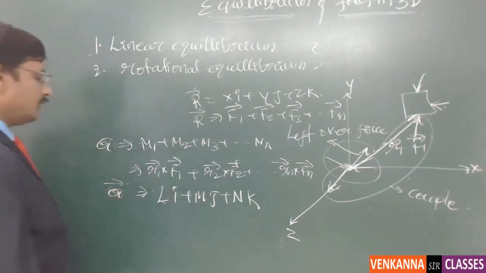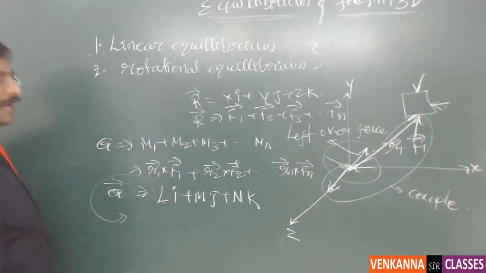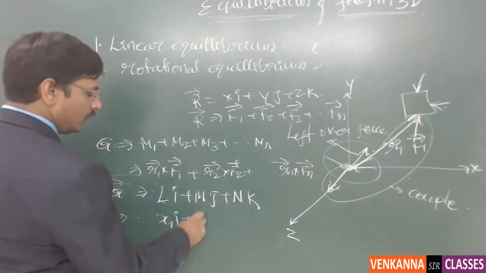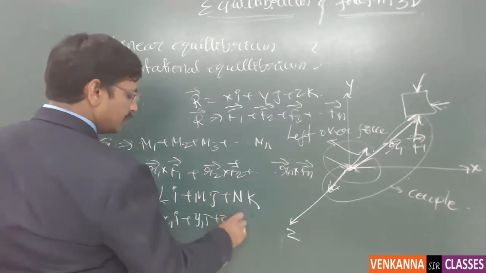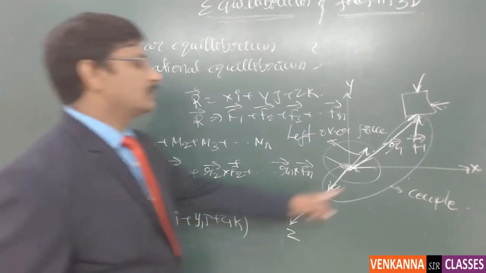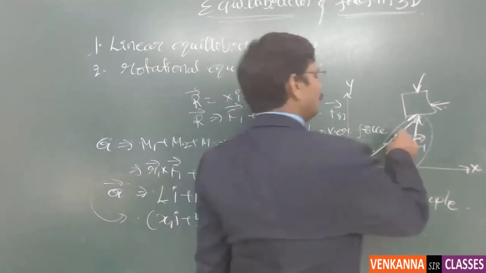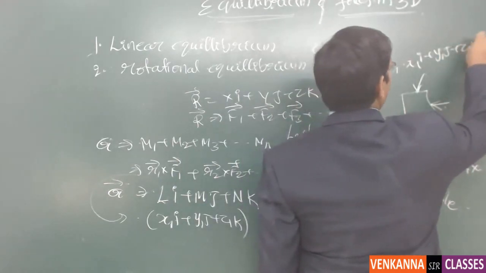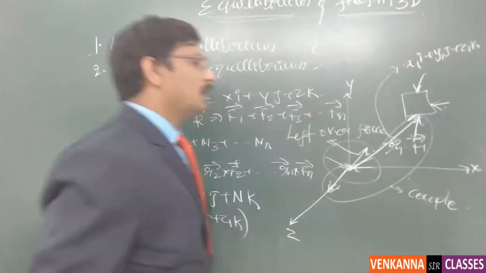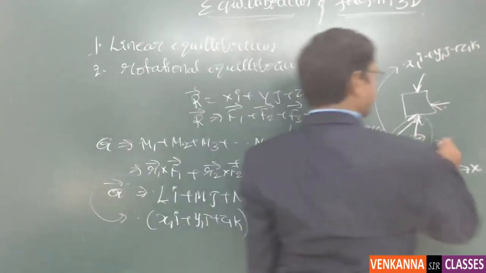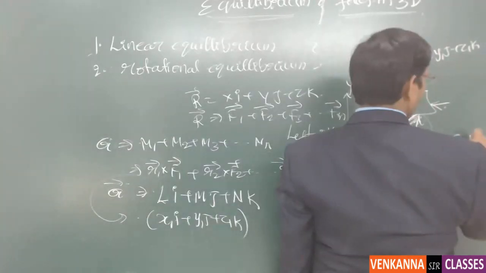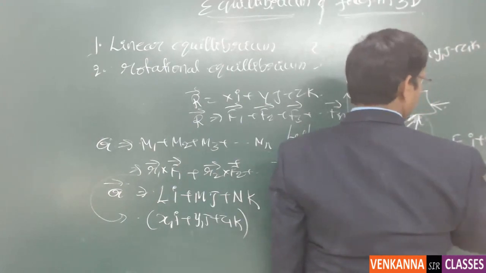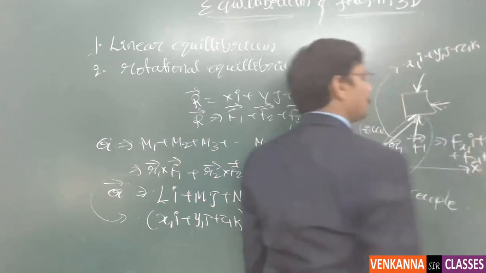That means if I calculate this individually, R1 can be expressed as x1 i plus y1 j plus z1 k. So this is nothing but the position vector. And F1 can be expressed as fx1 into i plus fy1 into j plus fz1 into k.